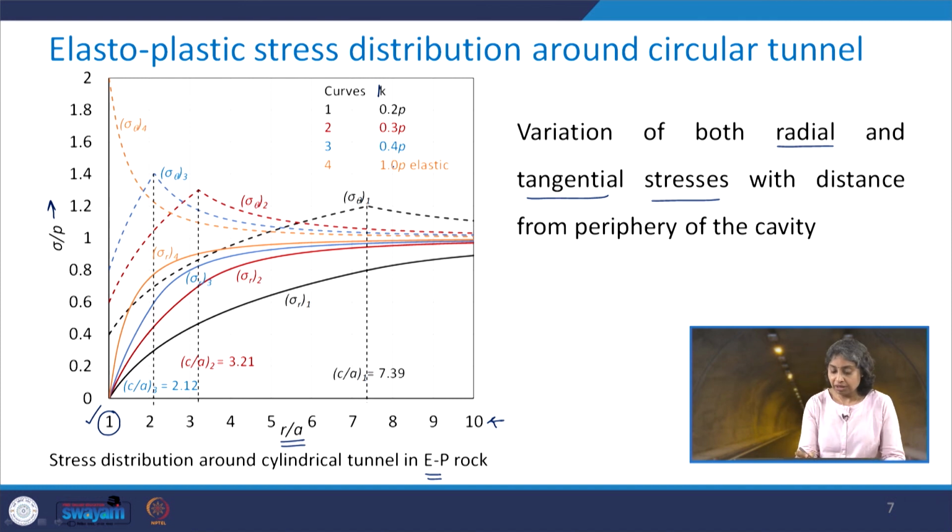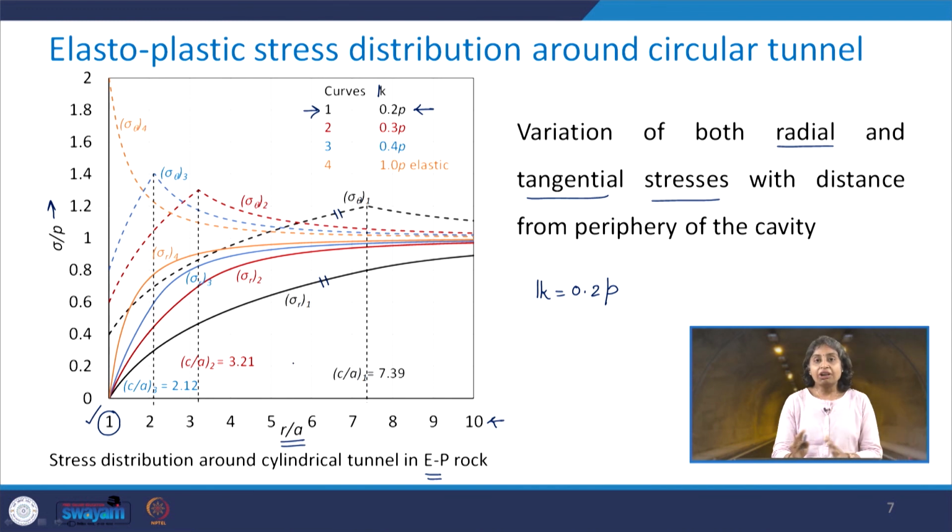For example, the first curve corresponds to 0.2 times P of the yield stress, so in this case kappa is equal to 0.2 P. All the plots with black color correspond to this first case, which is this plot and this plot.